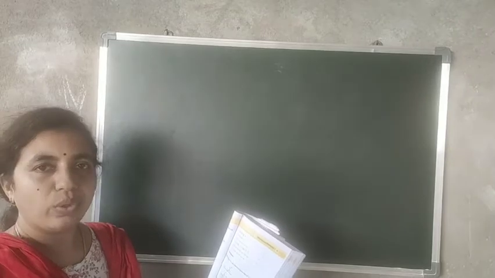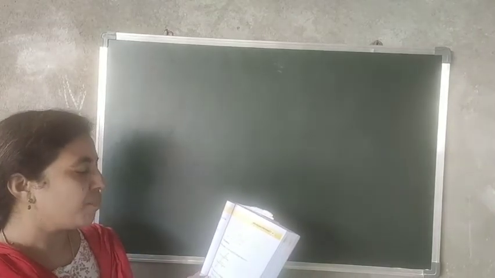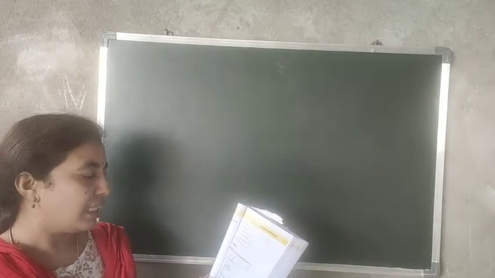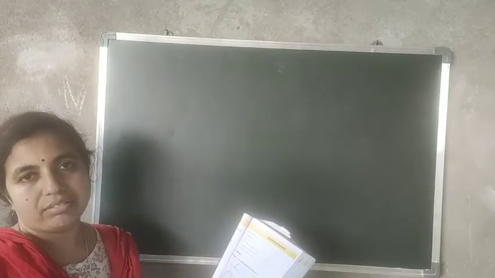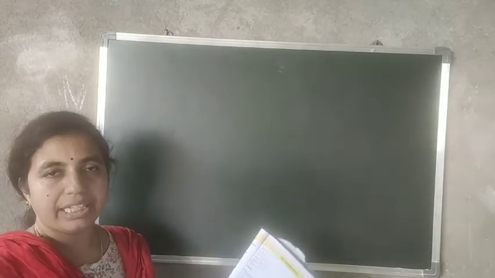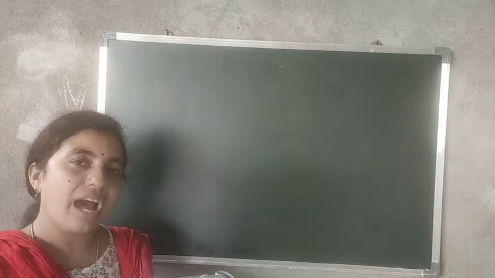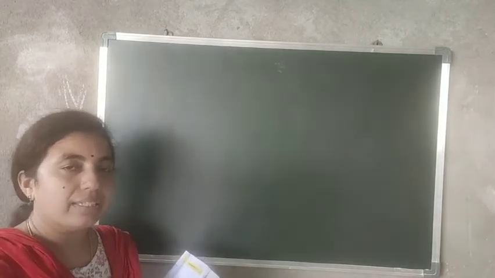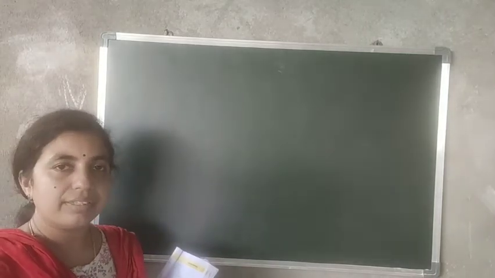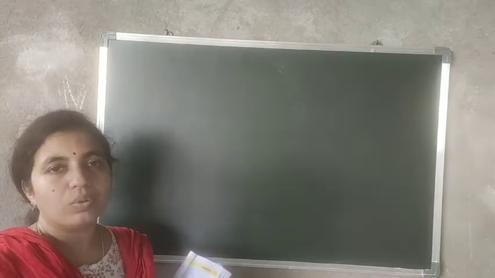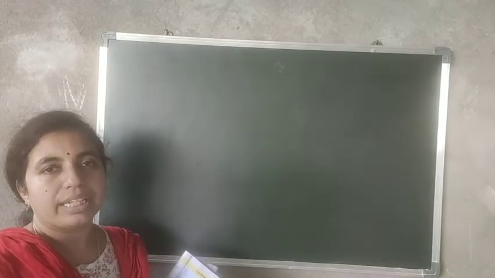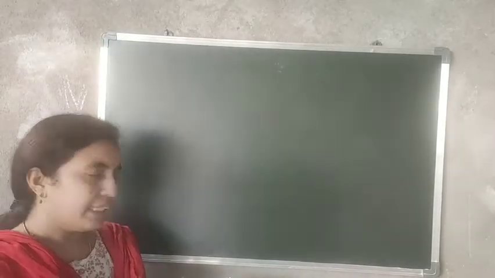What they have given here, one transversal is given and two angles are given, and if you observe here, the given two angles are corresponding angles. You already know that when the lines are parallel, the corresponding angles are always equal. So just equate them so that you will get an equation and you have to solve it. This is homework for you. Actually, the 13th example is homework for you.